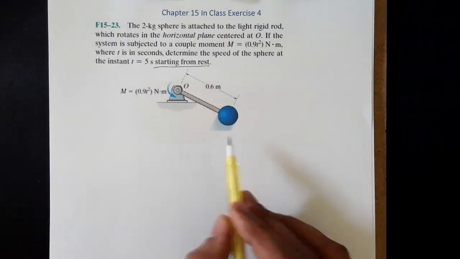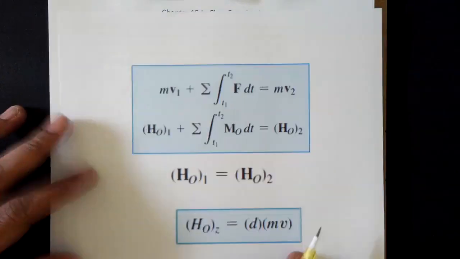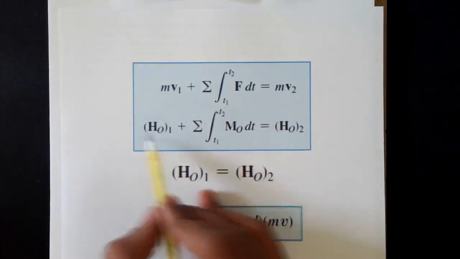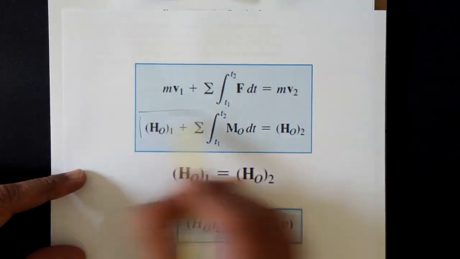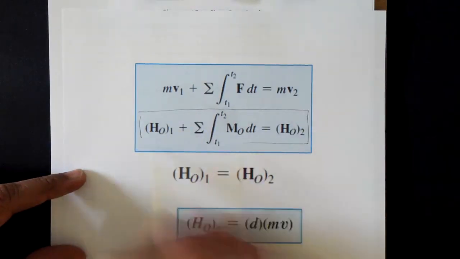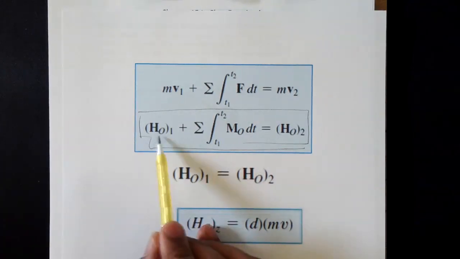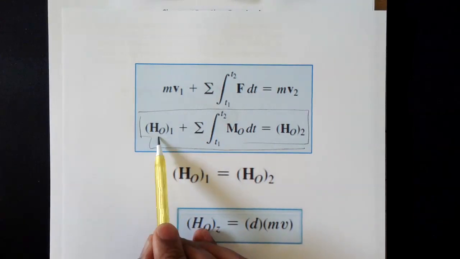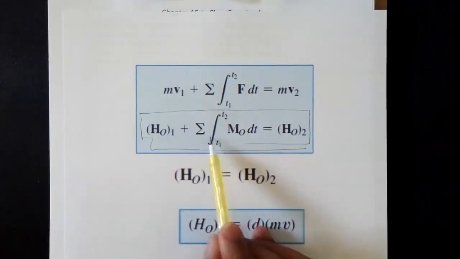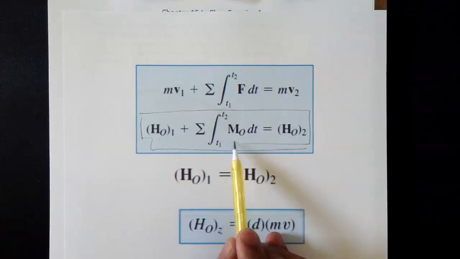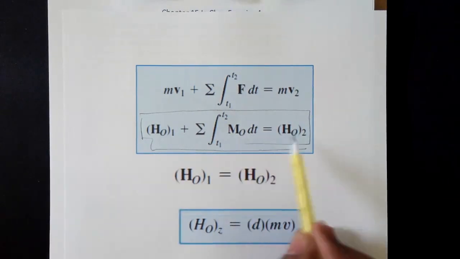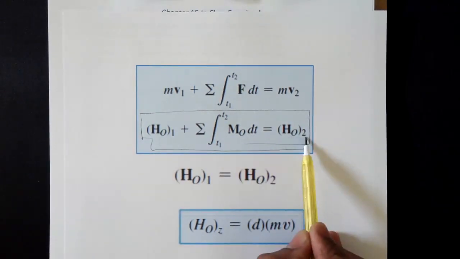In order to solve this problem, we need to apply the equation for angular impulse and momentum. So we need to work with this equation. In this equation, H_O1 is the initial angular momentum, plus the sum of the integral of M dt, which is the angular impulse, and H_O2 is the final angular momentum.